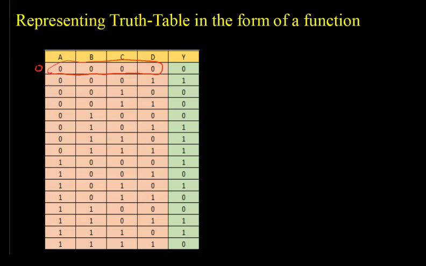Then 0 0 0 1 is 1. 0 0 1 0 is 2. So I can just write in increasing order: 4, 5, 6, 7, 8, 9, 10, 11, 12, 13, 14 and 15. So we have these numbers.